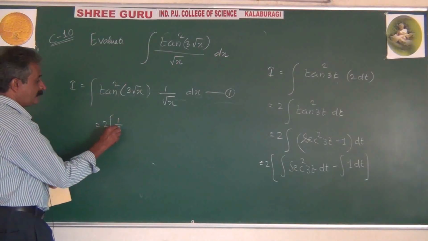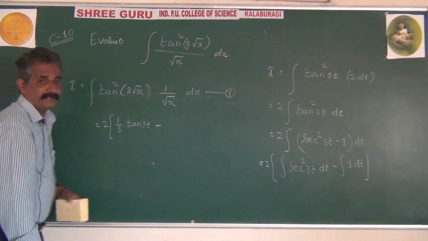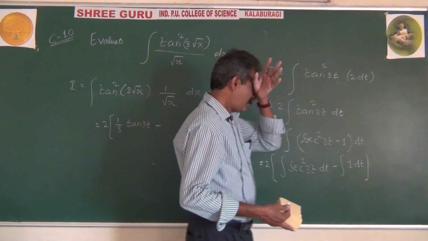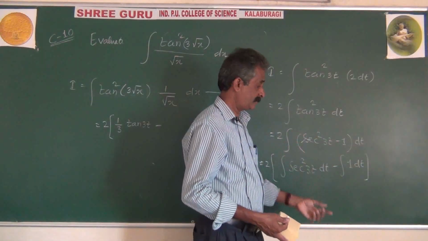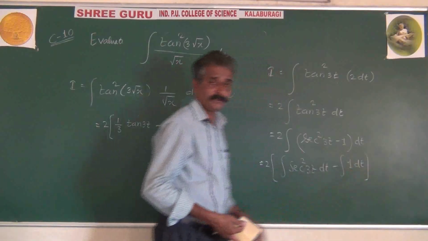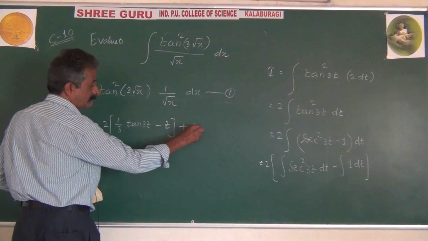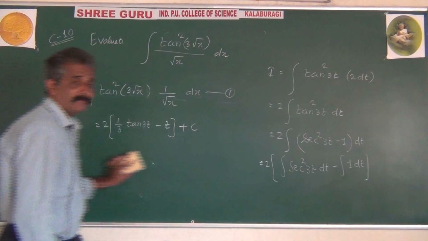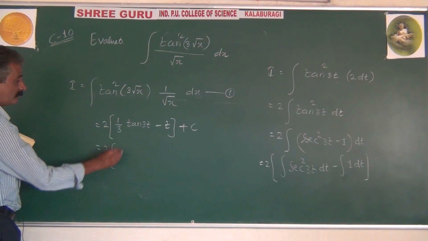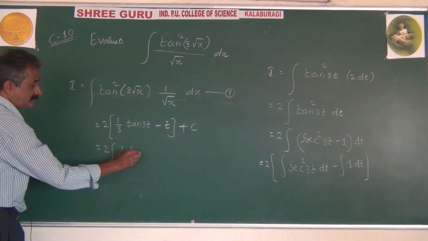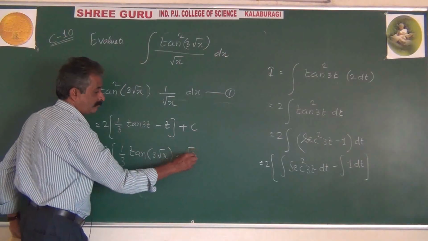So it is 1 by 3 into tan of 3t minus, be aware of the variable. Integration of 1 is x, no doubt, if your variable of integration is x, but the variable of integration is t. So integration of 1 dt will be t, more importantly not x, plus constant, and replace back value of t. What is t value? Root x. 2 into 1 by 3 tan of 3 into root x minus root x plus c.